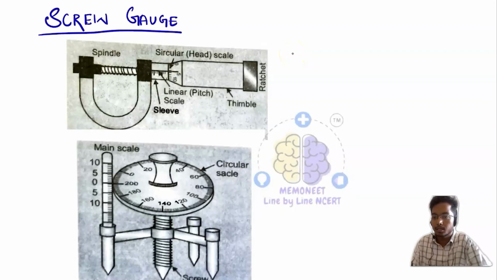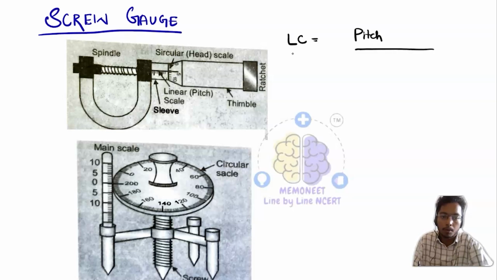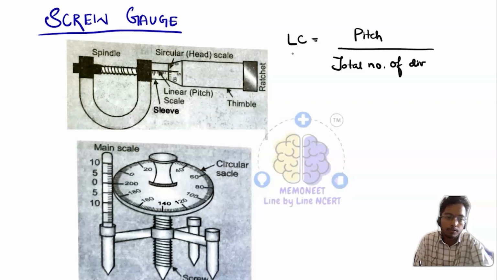Here this is a screw gauge and we have the pitch here. The least count is calculated as pitch upon total number of divisions on the circular scale.